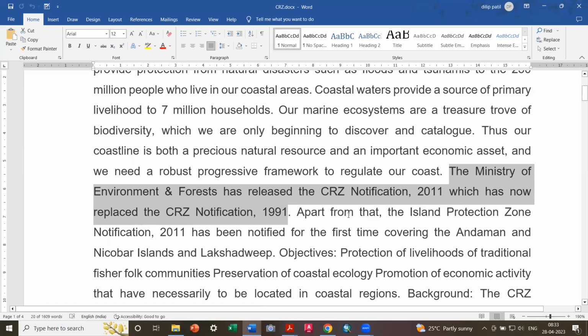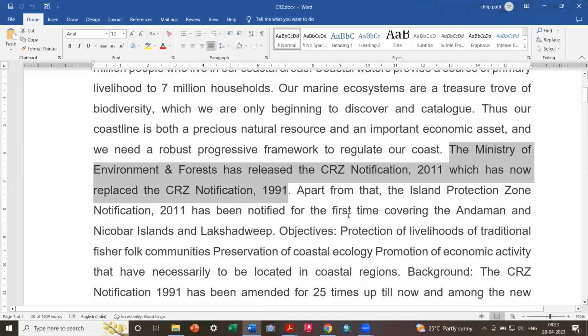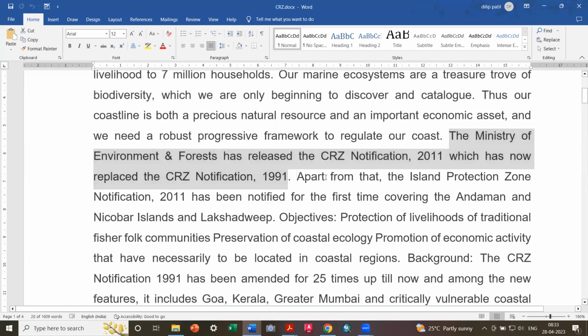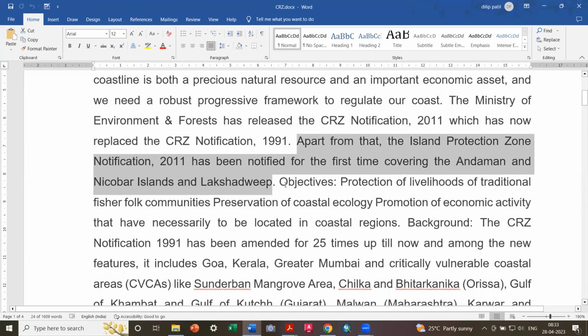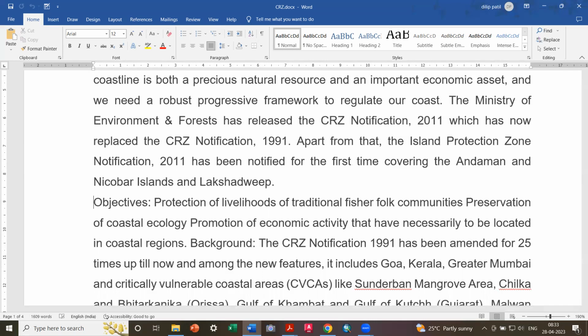We will see the latest 2018 CRZ notification. Apart from that, the Island Protection Zone notification 2011 has been notified for the first time, covering the Andaman and Nicobar Islands and Lakshadweep.